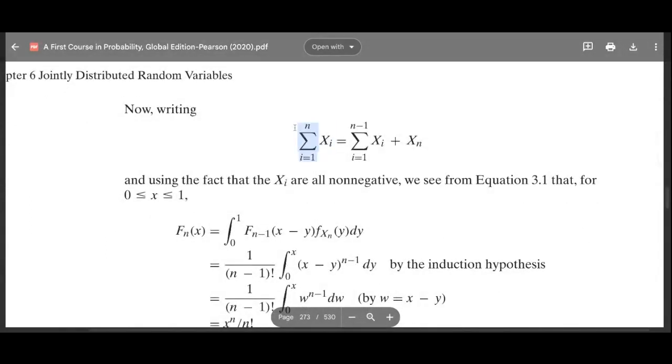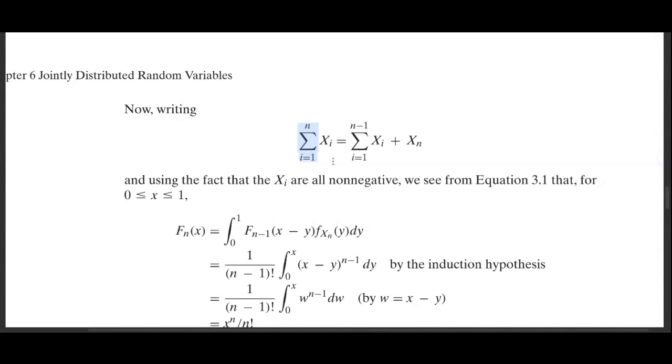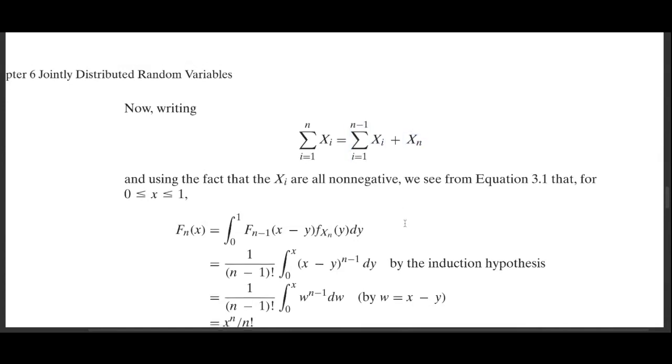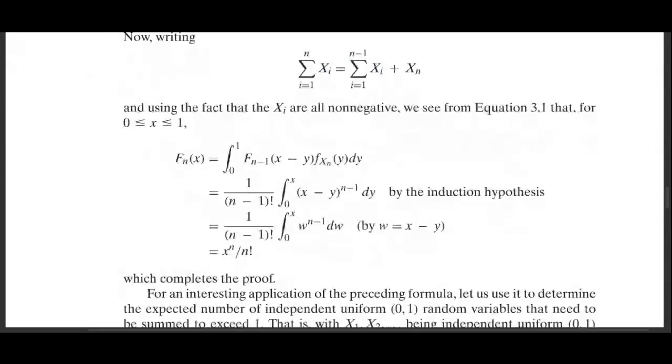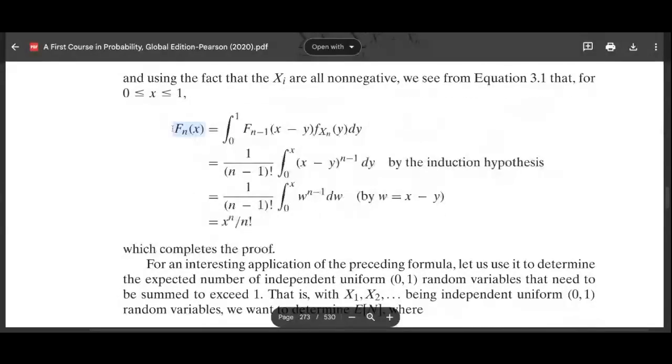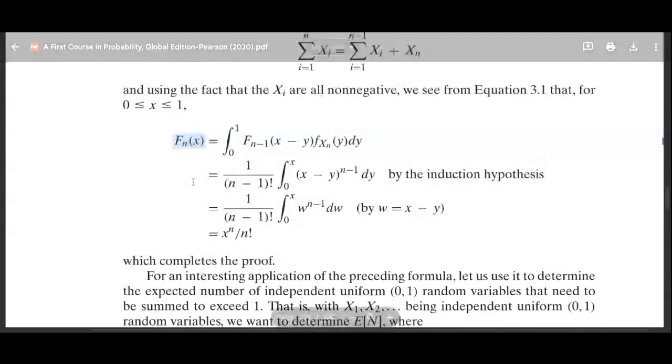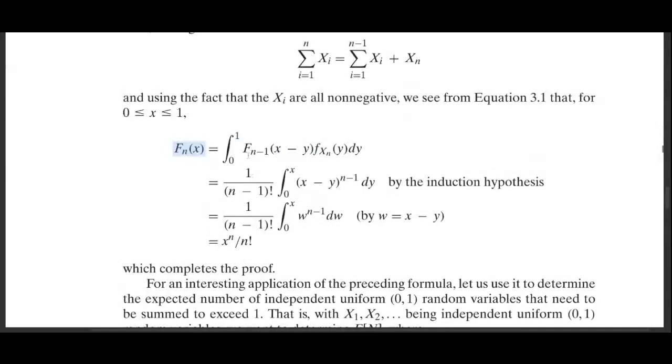Now we can write it like this: the summation of the n Xi's. Of course, we can write it from 1 to n minus 1, because this is n minus 1 of them, and this is the last one. So we can write it this way, Fn(x) for n minus 1 of them, then times the last one.